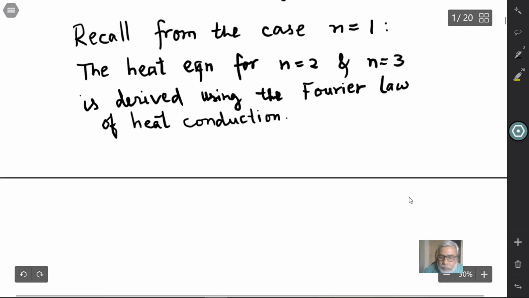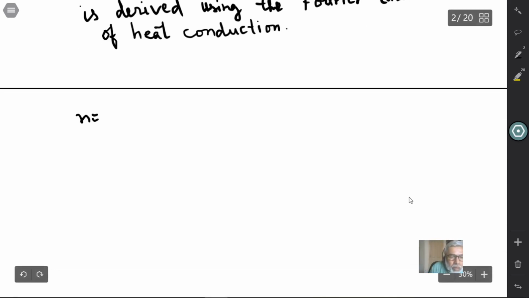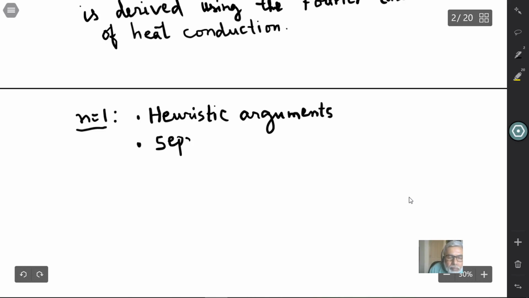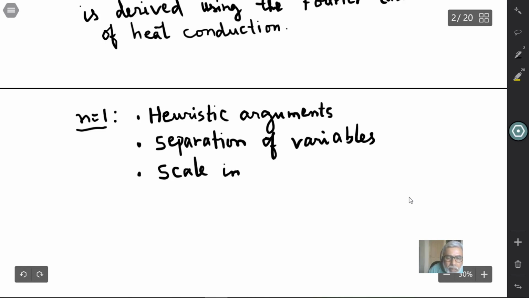And then for n equal to 1, using some heuristic arguments, and separation of variables, and some scale invariance, and then we look for some special solutions.